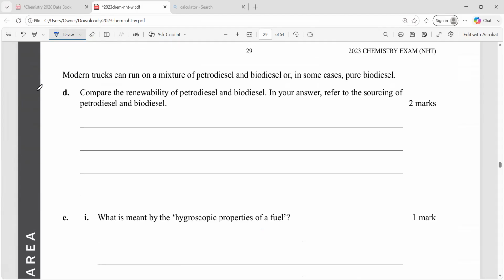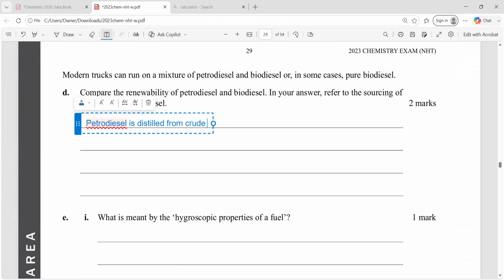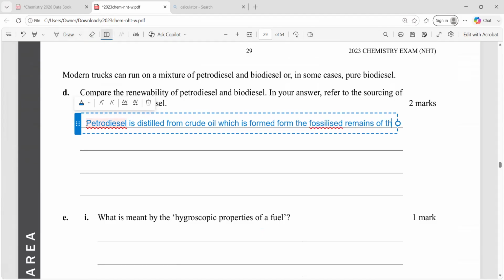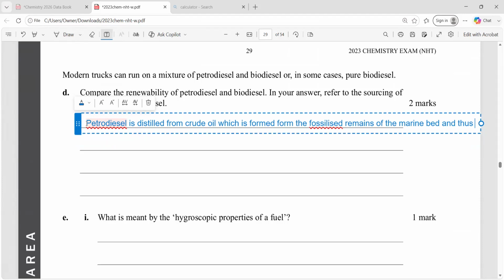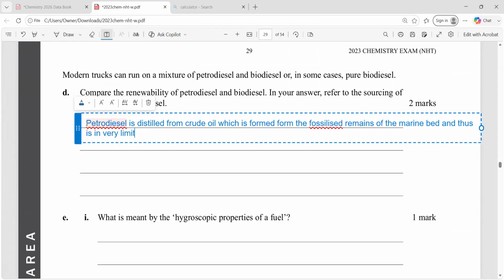Generally speaking, petrodiesel is distilled from crude oil, which is formed from the fossilized remains of the marine bed, and thus is in very limited supply as it takes millions of years to form.